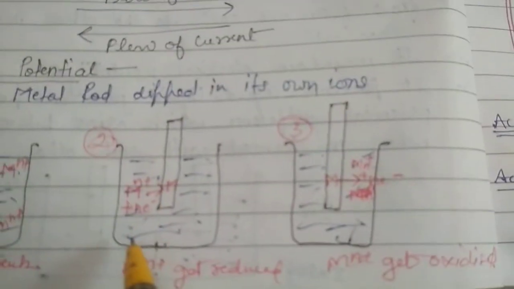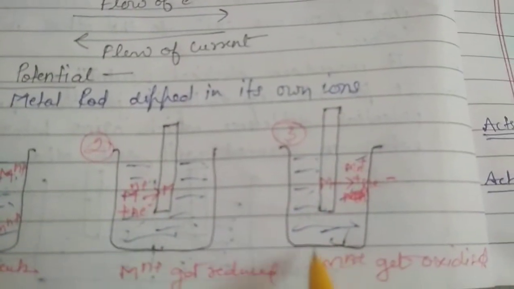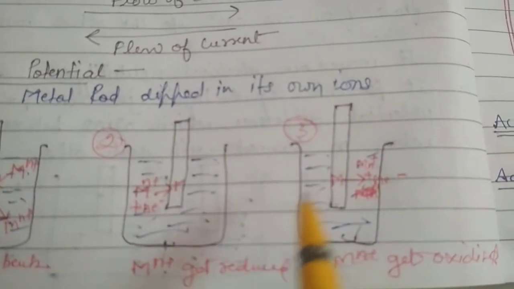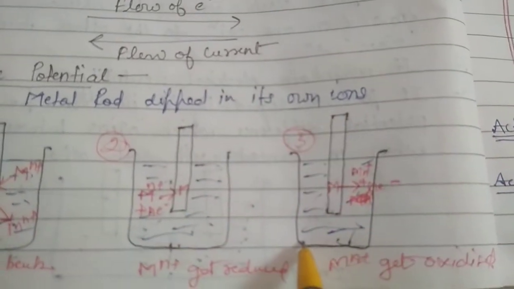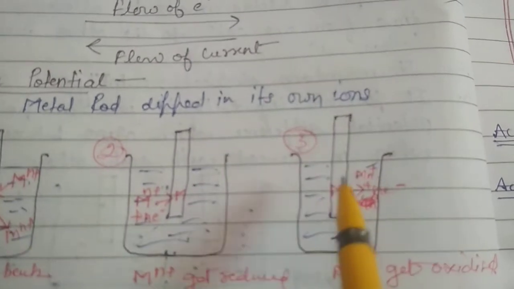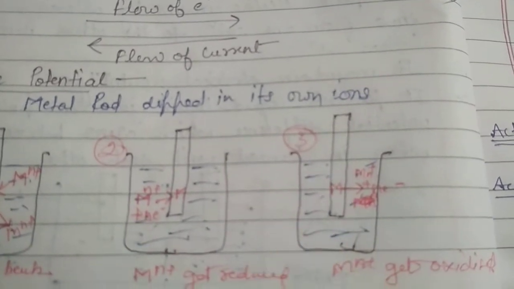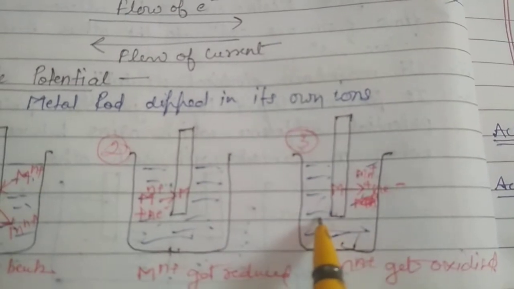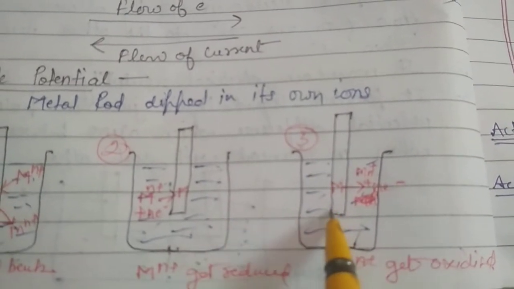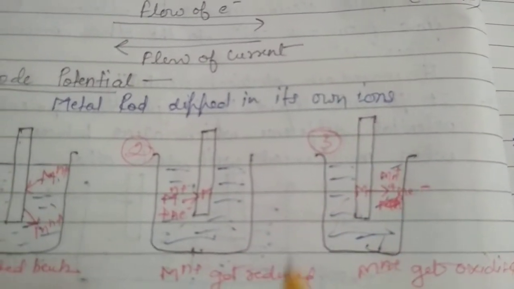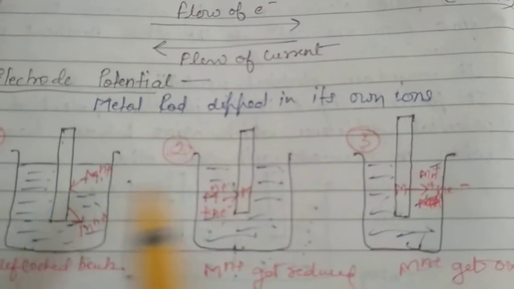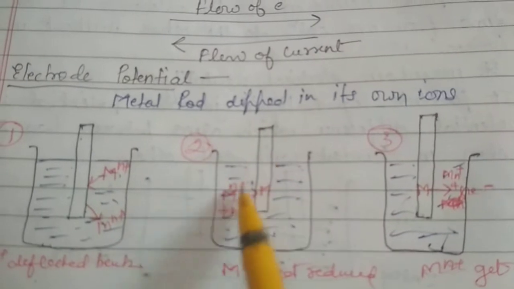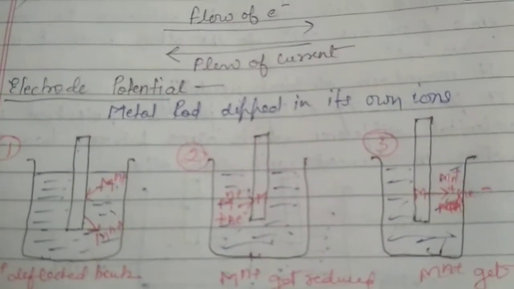The third is that the metal from the rod moves towards the solution by de-electronation and is converted into metal ion, which means it gets oxidized. So there are these three possibilities when we dip a metal rod into its own ion.